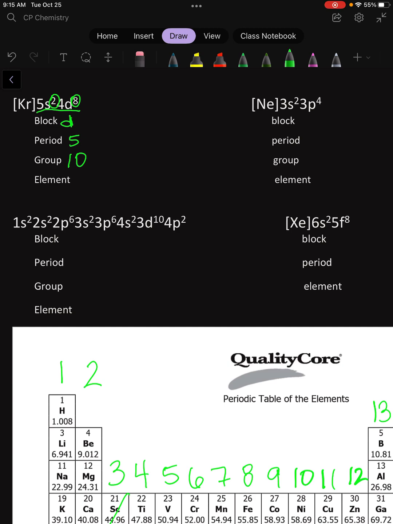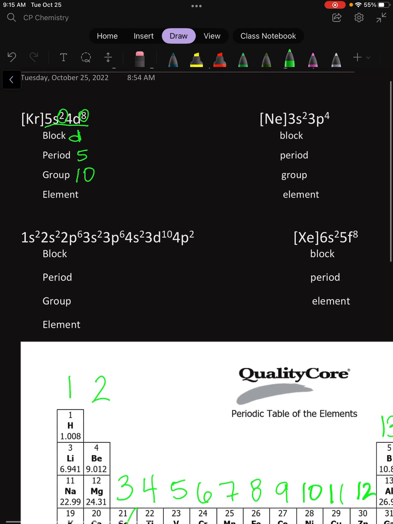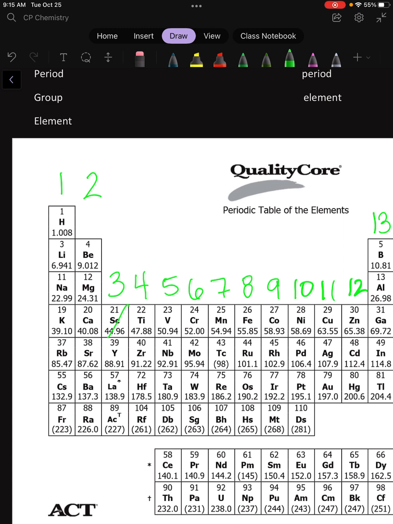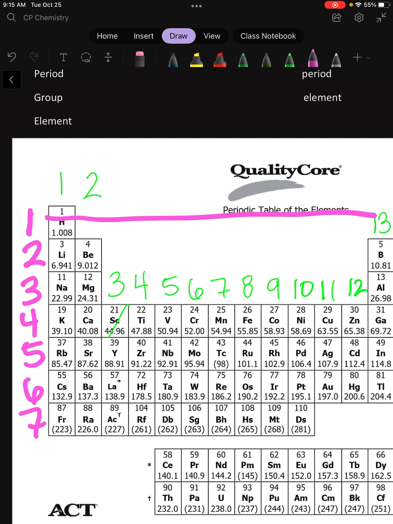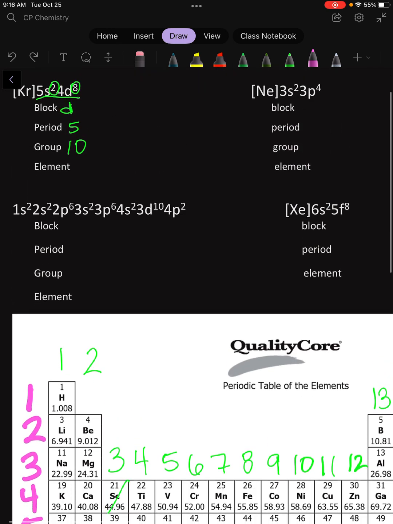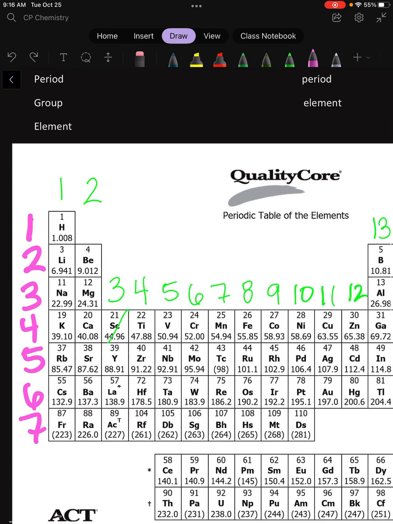Okay, and then the element. So we're in period 5. Remember, periods are the rows. So that's period 1, 2, 3, 4, 5, 6. There are 7 periods. And they go across. So we're in period 5, block D, in group 10.